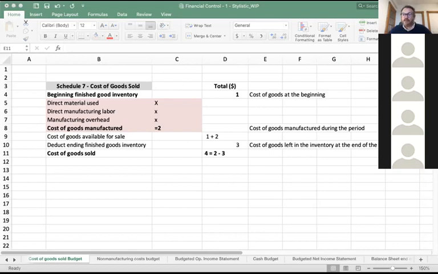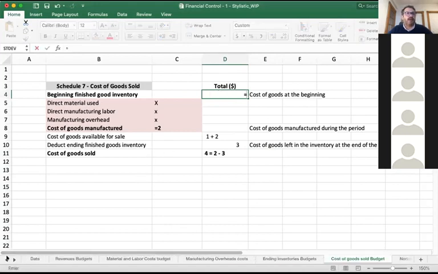So you should find, as Mr. Kian is sharing, 24 million 44. Okay, so let's correct it together. Our beginning finished goods inventory is information we have in the data, I guess.